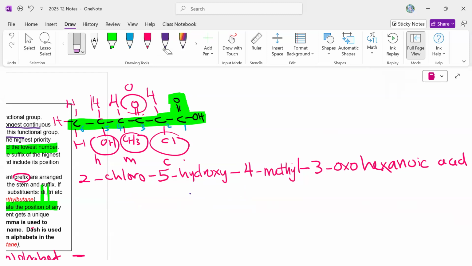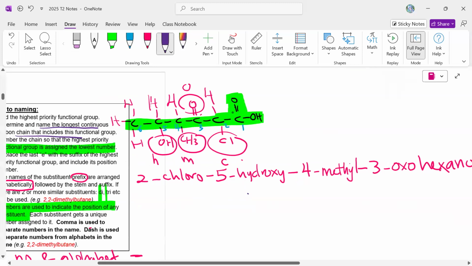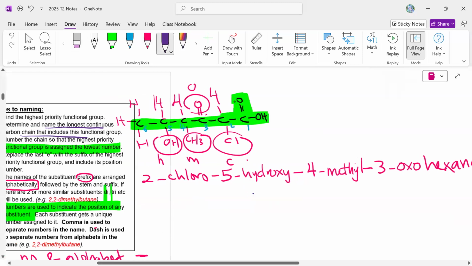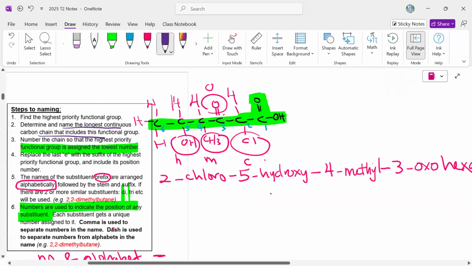So the idea is, to summarize, choose the longest continuous carbon chain that has the functional group with the highest priority, and always give that functional group the smallest number possible. You can only number from left to right or right to left.